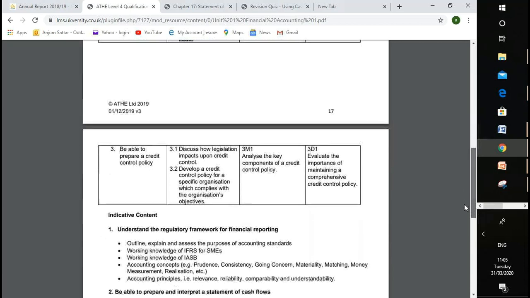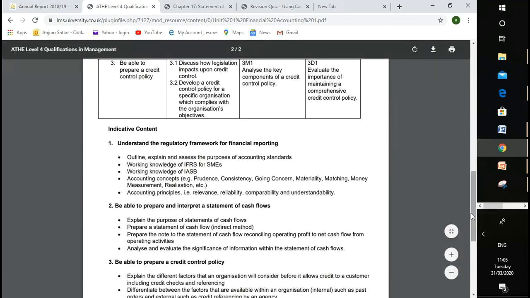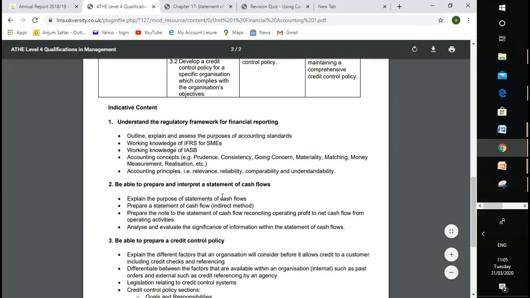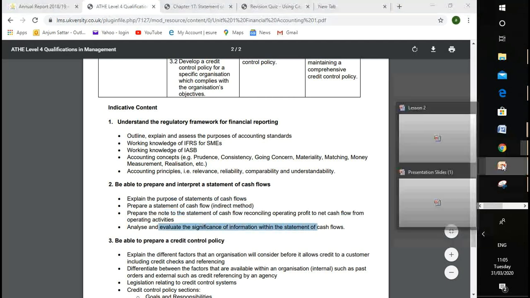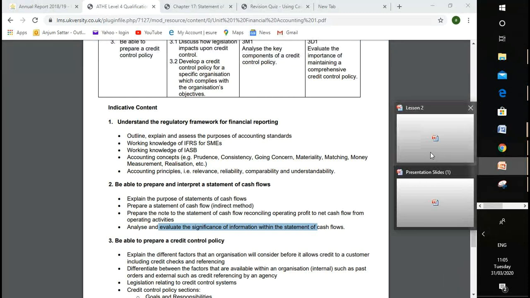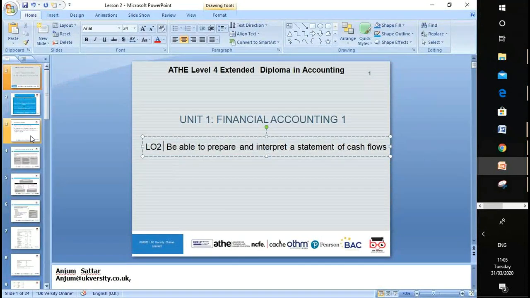All this will be the focus of our lesson. So today's lesson content is: explain the purpose of the cash flow, prepare the cash flow using the indirect method, prepare the cash flow notes, which we'll go through and discuss, and analyze the information given in the cash flow. That's what will be focused on in today's lesson. So we'll start.